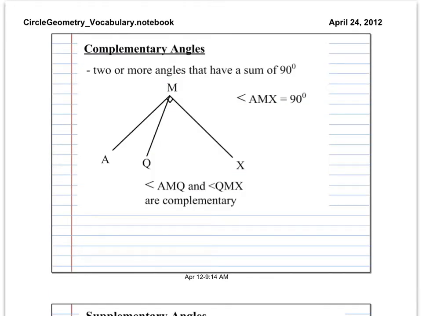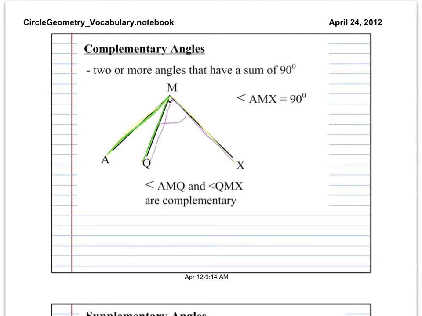Okay, the last part of this is two types of angles. Complementary angles are angles that have a total of 90 degrees. So if we look at x to m to a, that makes a 90 degree angle. So the angles in between, we've got AMQ, and then we also have XMQ.